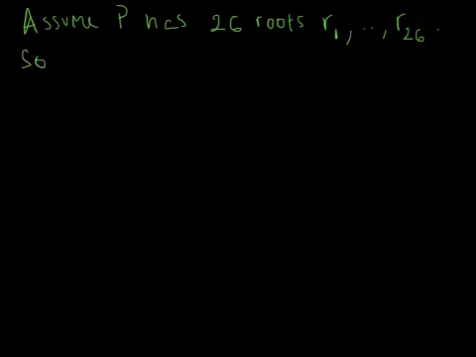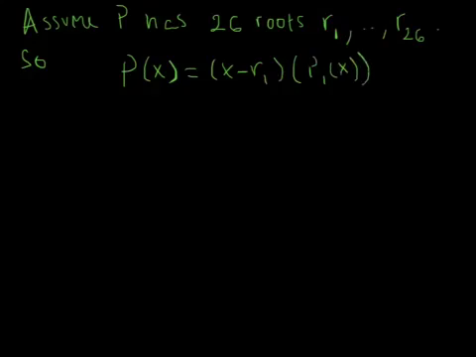So by what we just showed, p of x is equal to x minus r1 times some other polynomial, we'll call it p1 of x, and there's no remainder because x minus r1 must be a factor. We just showed that it's evenly divisible.